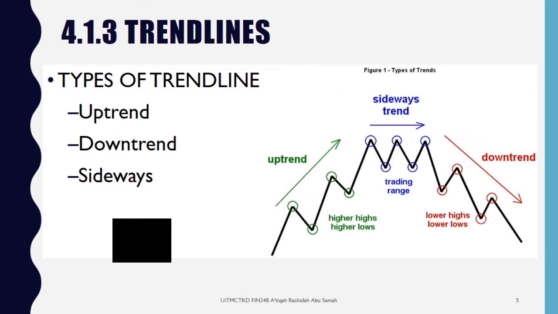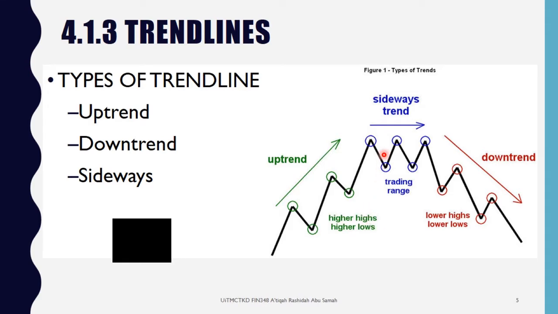We have 3 types of trend line. The first one is uptrend, and we have downtrend and also sideways. Looking at this figure, this is an uptrend when there are higher highs and higher lows.